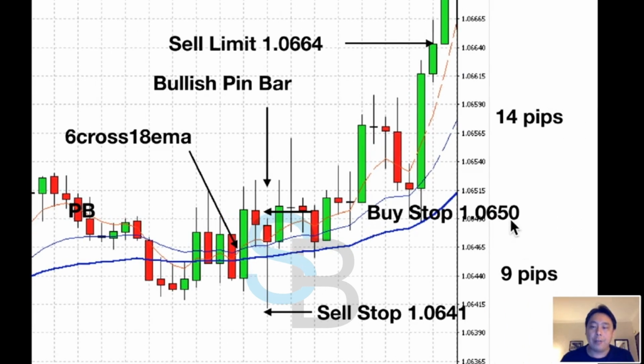So I take 650 minus 641, that's 9 pips. Is that at least 8 pips? Yes, it is. And then I'll take 9 multiplied by 1.5, I get 13.5 pips. I'm going to round it to 14 pips, so I'm going to place 14 pips above that. So 0.65 plus 14 is 0.664. That's my sell limit order.